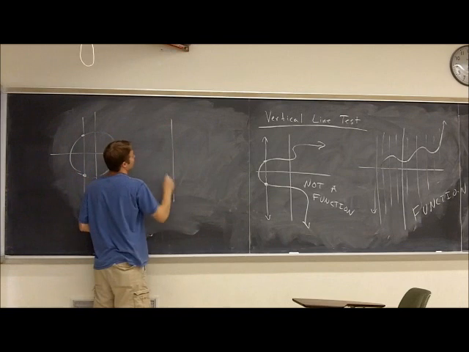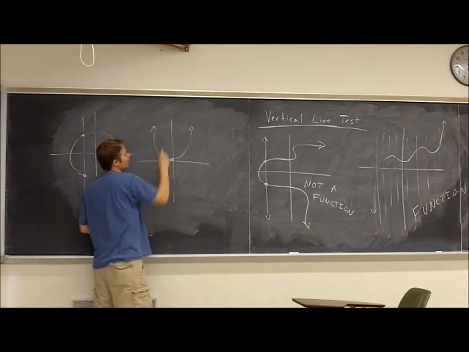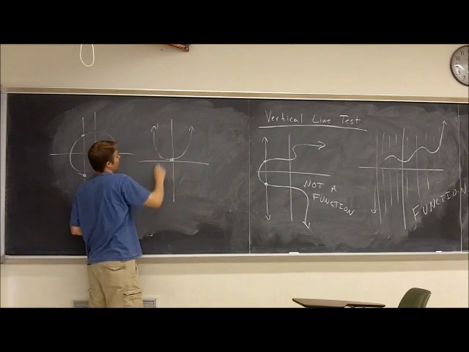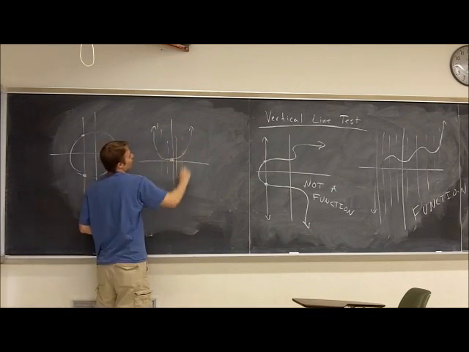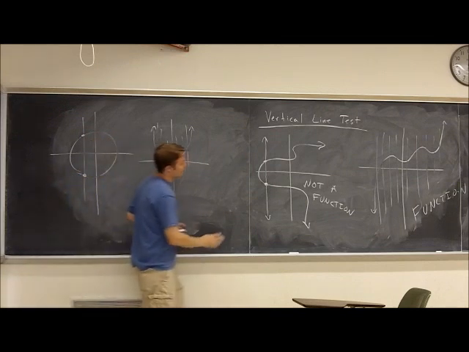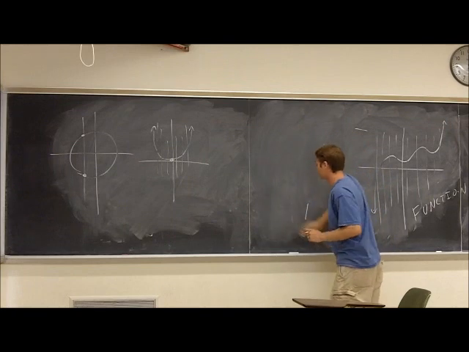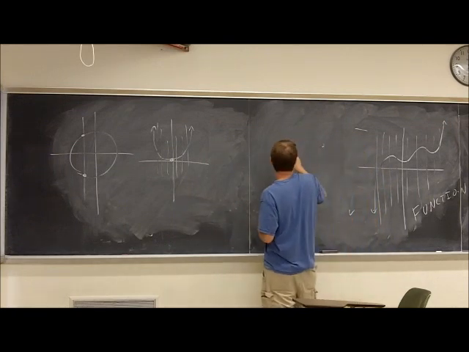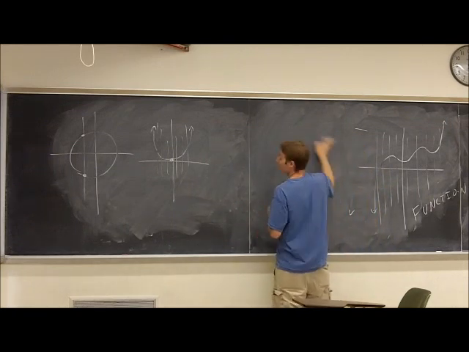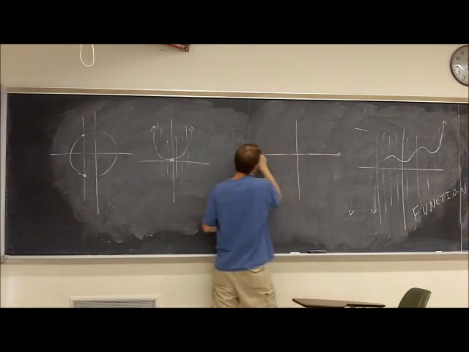But something like a parabola is always a function, because anywhere I draw a vertical line, I'll never hit the graph more than once. And even a graph that has a hole in it can be considered a function, because by the vertical line test, you might not hit it more than once if you draw it in a certain way. For example, something like this.